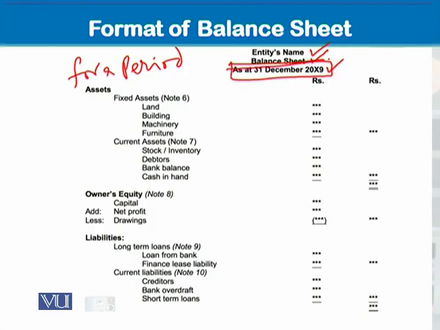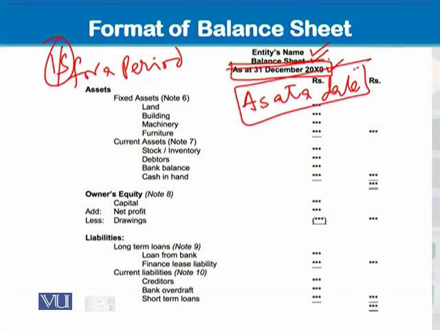Whereas the balance sheet is prepared as at a date. On this date, how many assets do we have? On this date, how many liabilities do we have? On this date, how much is the claim from our owners?